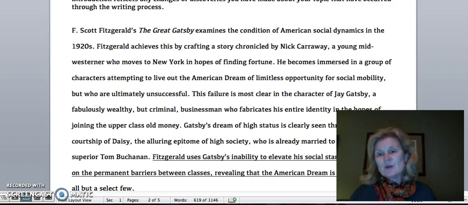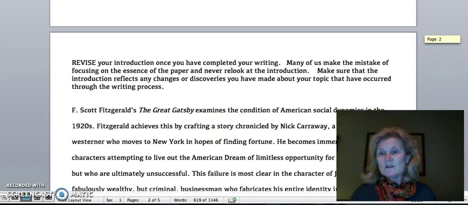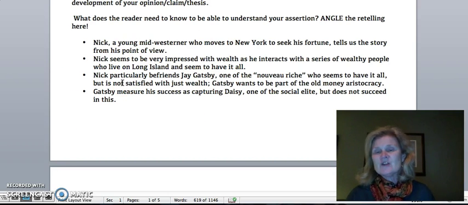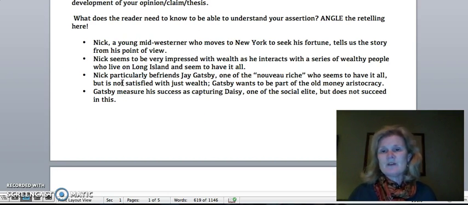So you should notice, as I've read through this, that I clearly followed this brief outline of facts or ideas that I had as far as what I needed to use from the story to build to my thesis statement.